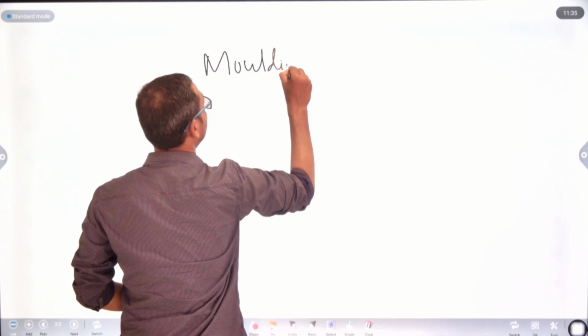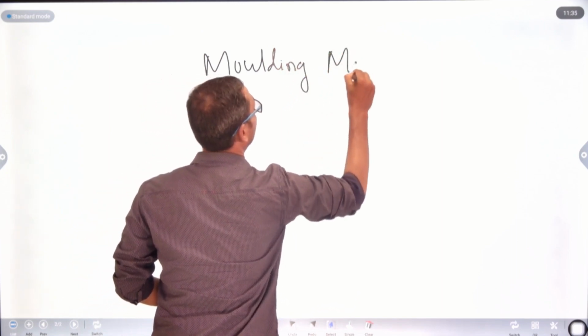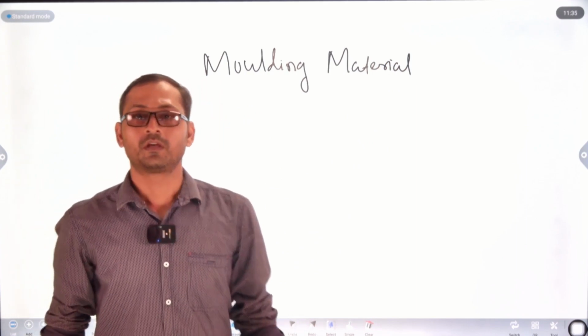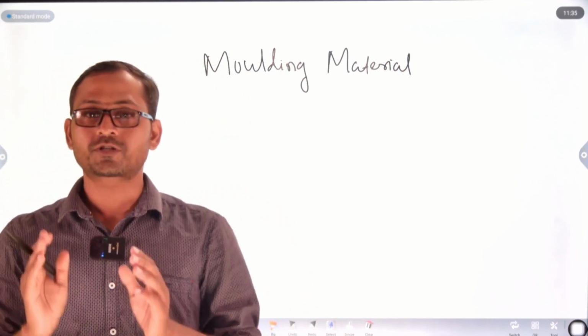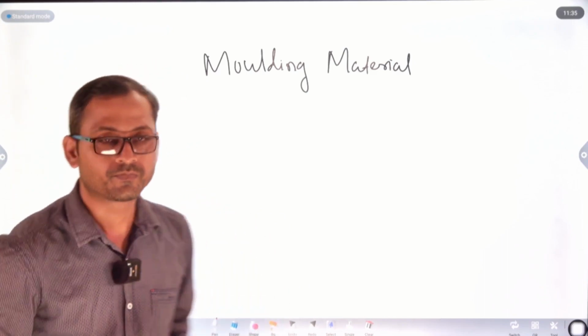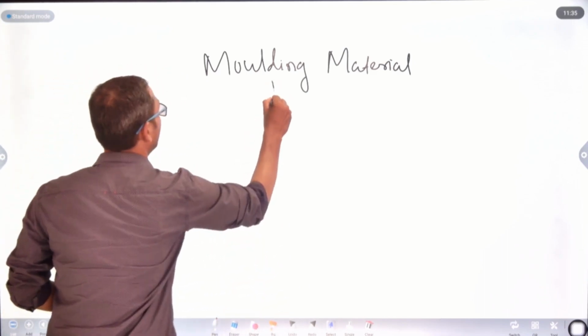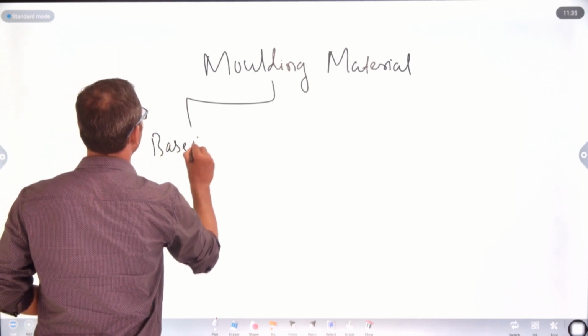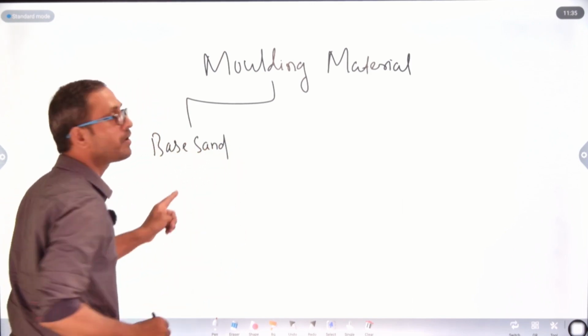Molding material. In the molding material, first comes the base sand. We'll go into detail about each individual point. Base sand is the first requirement.